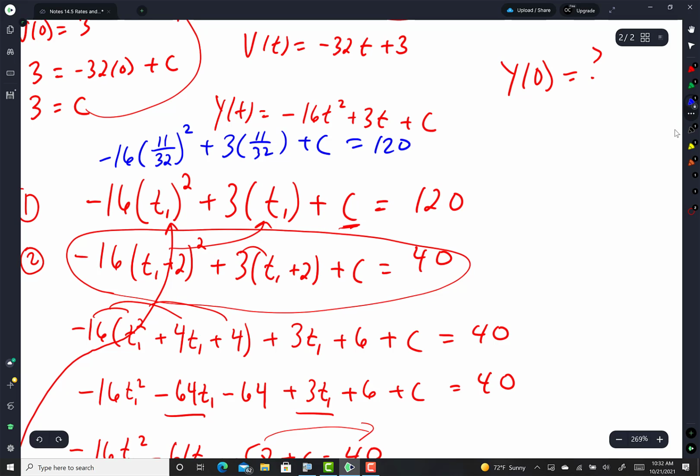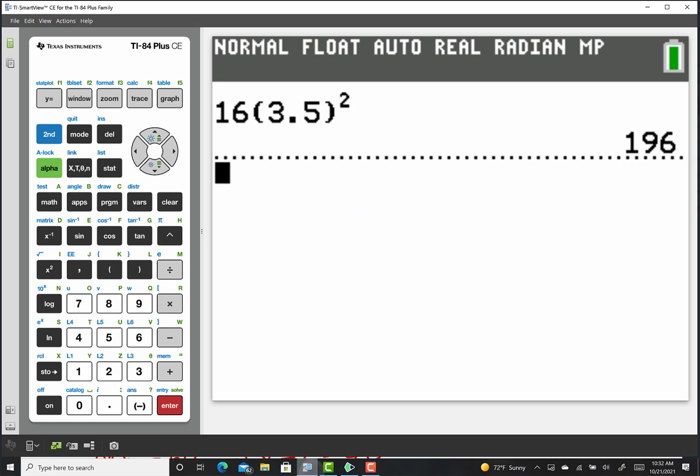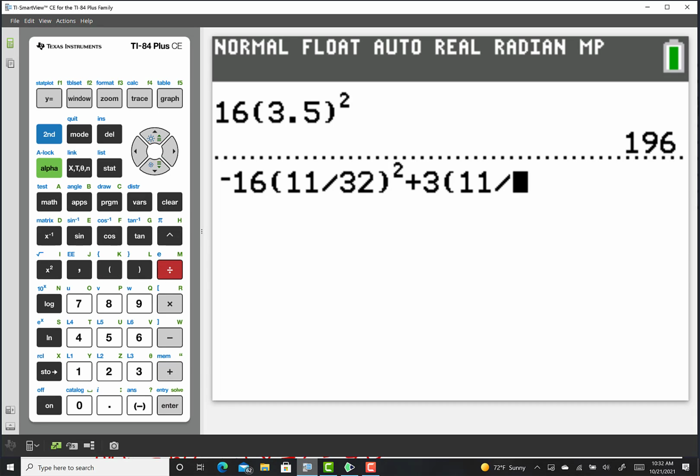So here we go. I'm going to take my calculator. Negative 16, open parenthesis, 11 over 32, close it, square it, plus, was it plus? 3 times 11 over 32, close it, enter.